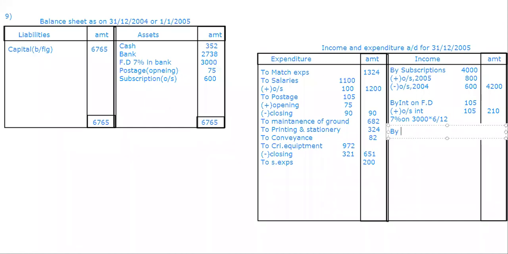Every time we used to get a surplus, now we call it a deficit. Deficit balancing figure, 143. So what does the total come to? Please add these 3 figures.